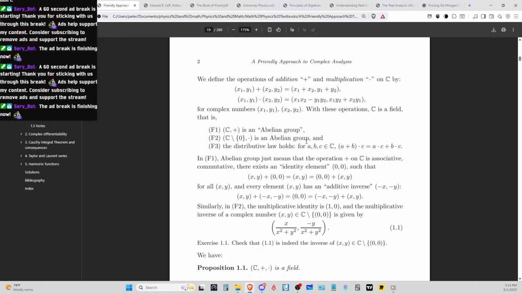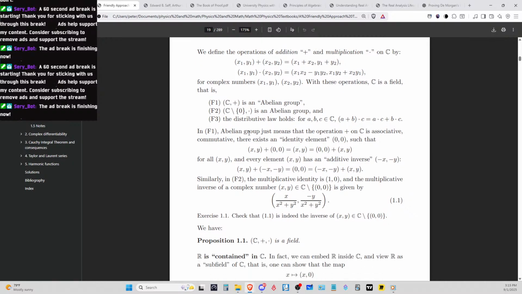Okay. Distributive law holds. Let's see, F1, Abelian group, just means the operation addition on C is associative and commutative.